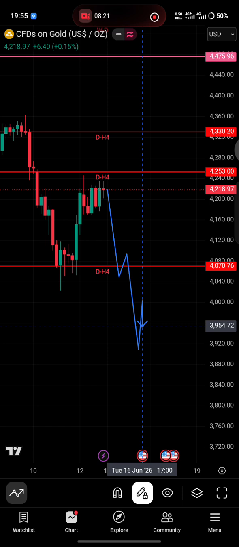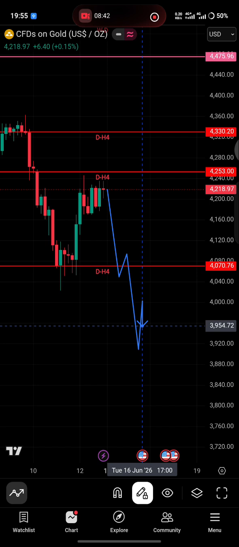Correct? So when we know that the chart is accumulating buy side volume, we do not enter a buy position or a long position, because we know that it is accumulating only to dump later, right?